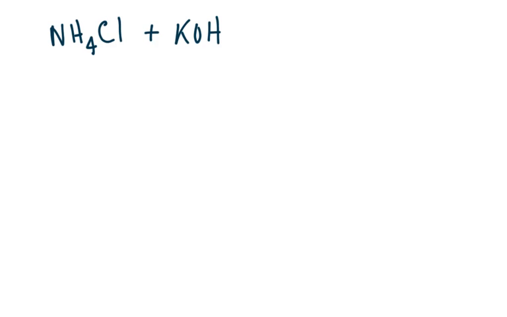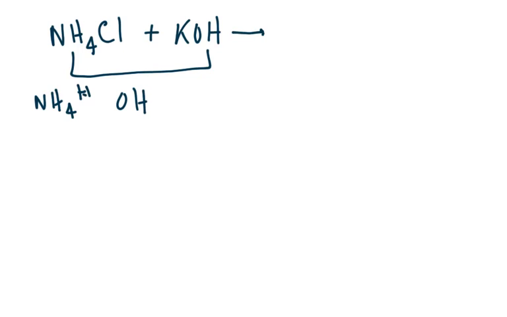So what's going to happen here is same thing. Let's follow the pattern. These two are going to get together. Now ammonium is +1, and hydroxide is -1. So when they get together, you simply get NH4OH, and that is your unstable product.